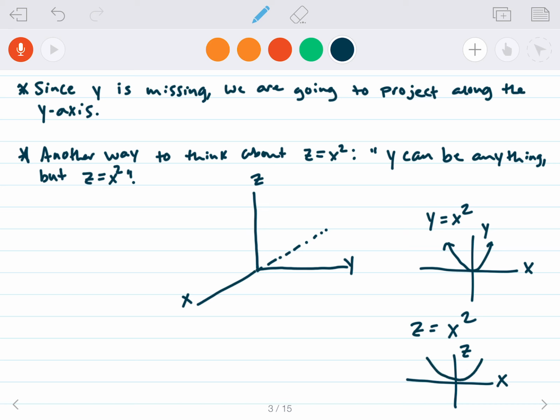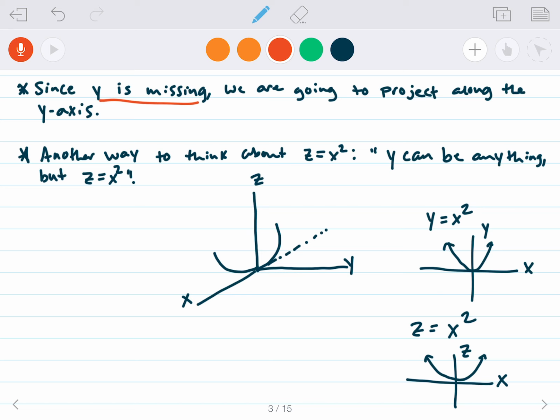So z equals x squared just looks like this, and we can graph this on our plane right here. So it's kind of going back like that. You can imagine that, and then we're projecting it along the y-axis because y is missing.